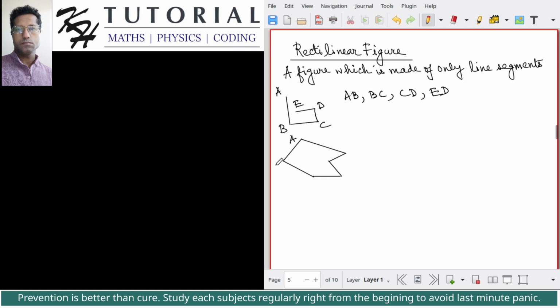If I mark the points, the line segments that are forming this rectilinear figure are AB, BC, CD, DE, EF, and of course AF. So we have 6 line segments which are creating this rectilinear figure. In the first figure we had 1, 2, 3, 4 line segments.